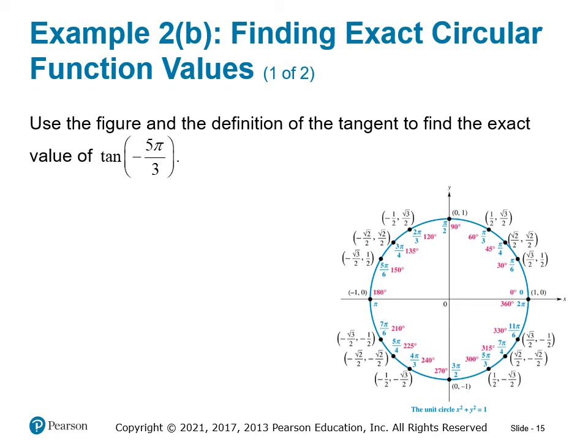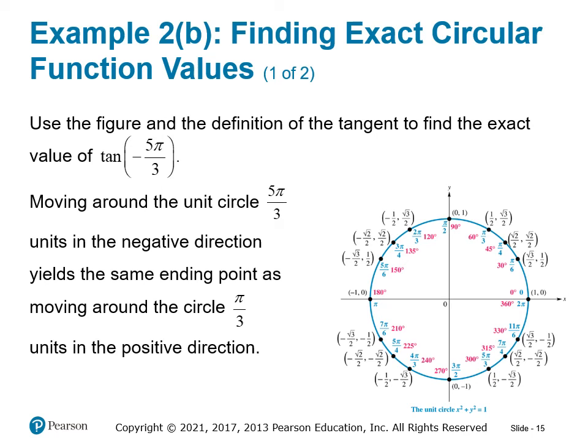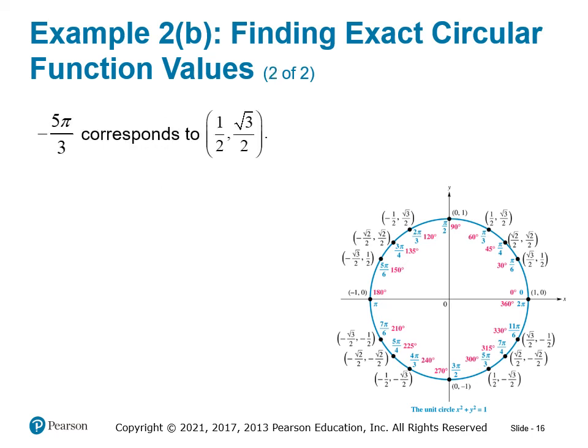So 5 pi over 3 is 1 pi over 3 less. So if we start at 1, 0 and work our way around, negative 5 pi over 3 is the same as pi over 3. Again, we divide y by x, sine over cosine. Square root of 3 over 2 divided by 1/2 is the same as multiplying by 2, and so we just get the square root of 3.